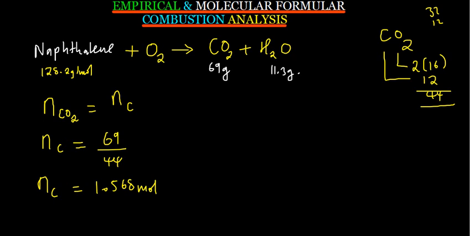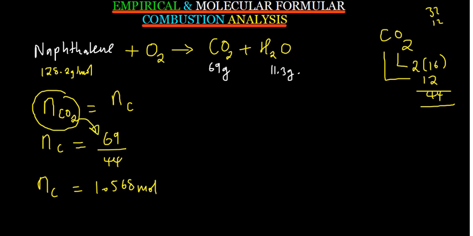Yes, sir. As in, the mass, which is 69 grams, is it not for carbon dioxide? How is the carbon bearing the same mass? They are not bearing the same mass. I found the number of moles of carbon dioxide by saying mass of carbon dioxide over molar mass of carbon dioxide.